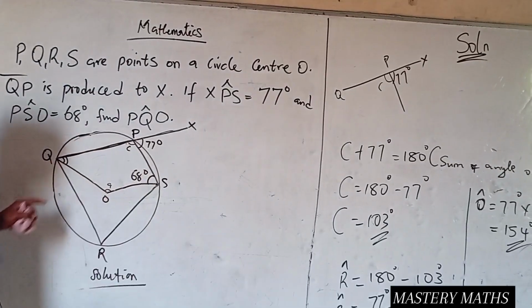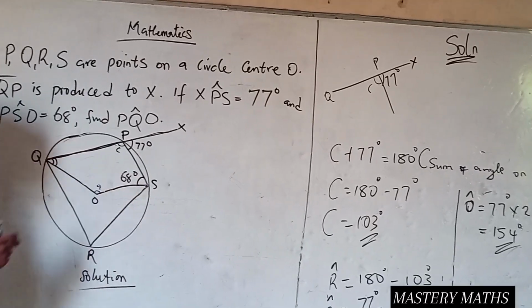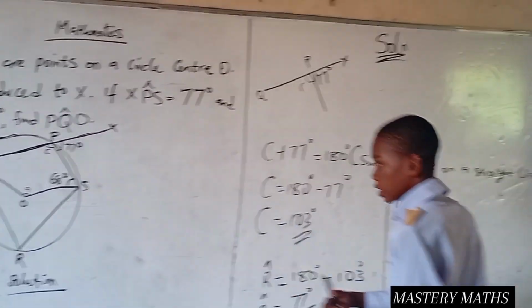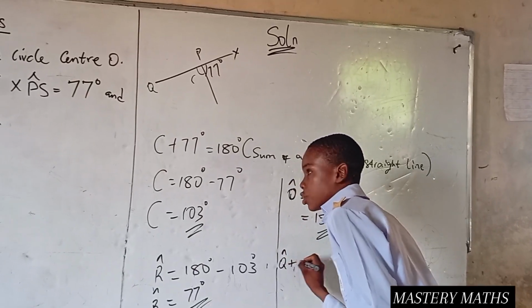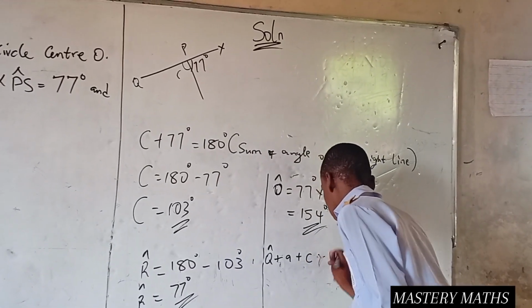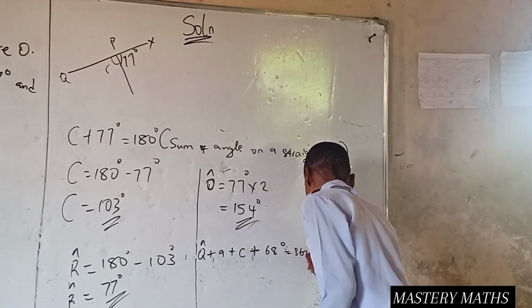So to get here, the sum of angles in a cyclic quad is equal to 360. So let's come over this side, which is Q plus A plus C plus 68 degrees equal to 360.